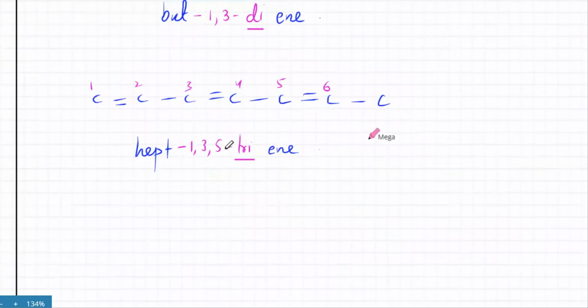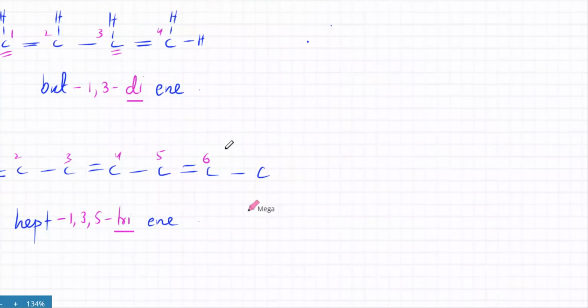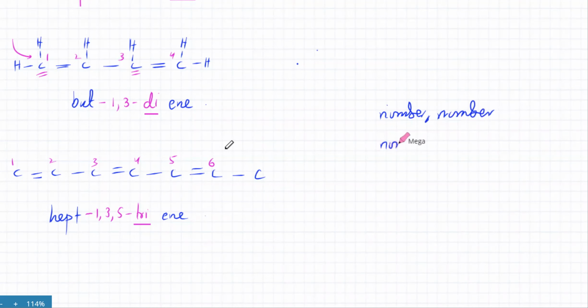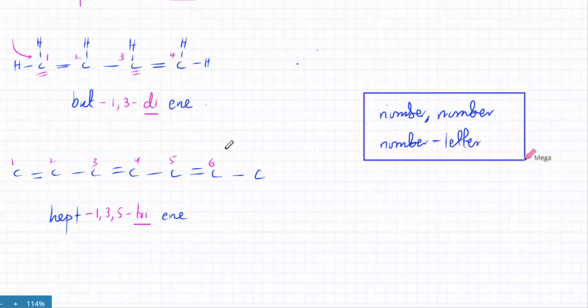There's another small point about how to write the names. When you have a number next to another number, there's going to be a comma in between. And if you have a number that's next to a letter, then there's going to be a dash between them.